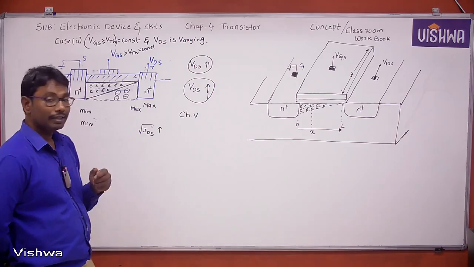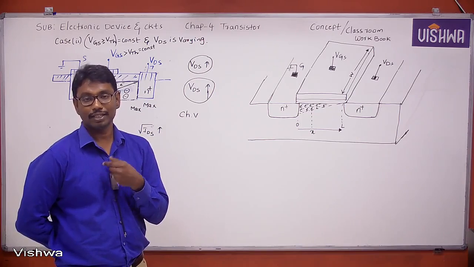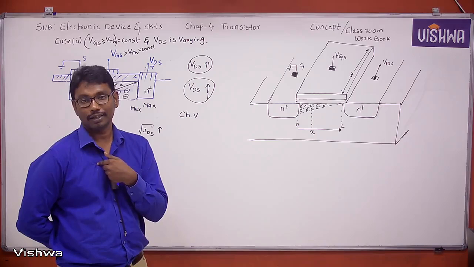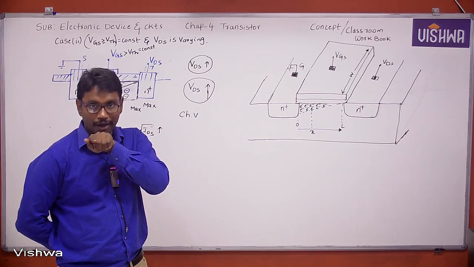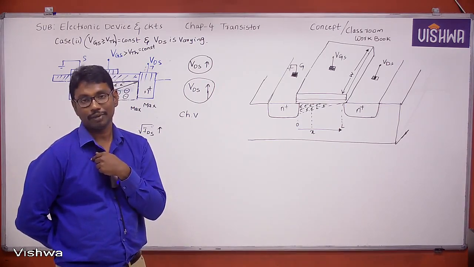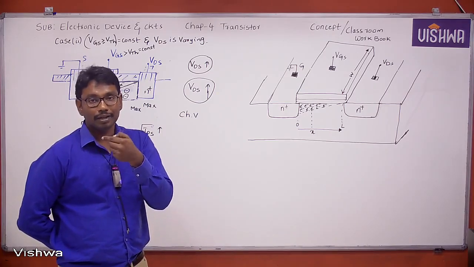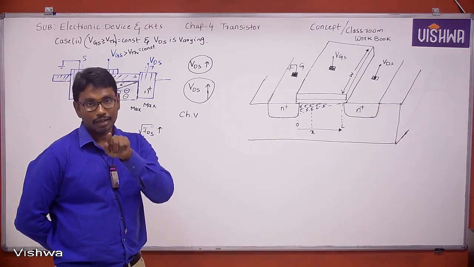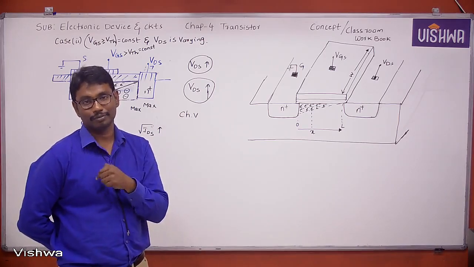This increasing depletion region is maximum at the drain end (in bracket, channel is minimum), and minimum at the source end (in bracket, channel is maximum).